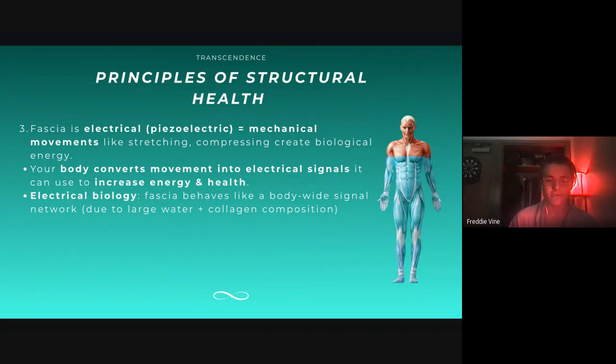The reason this is relevant to health is because, as I said, your body converts this movement into electrical signals that it can then use to, well, increase energy and health. That's a simple way of explaining it, but it's fascinating how just by moving, we are creating charge in the body that is then signaling to cells, improving electron flow, right?